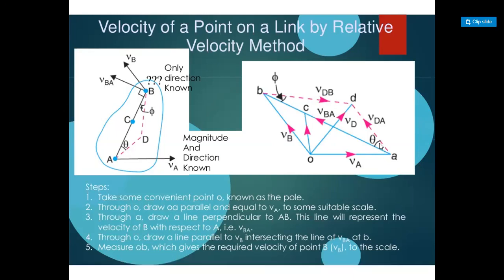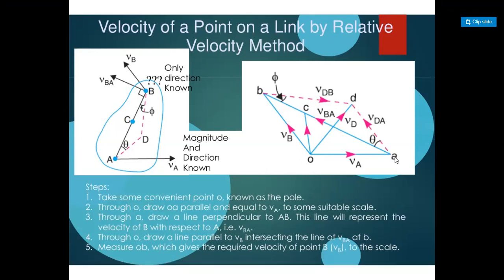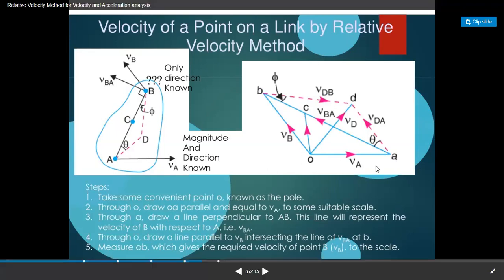Whenever you draw the velocity of A, the OA line, whatever scale is used to draw OA, the same scale is multiplied with the length of OB to get the velocity of B. The same scale which is used to draw OA is multiplied with the length of OB.